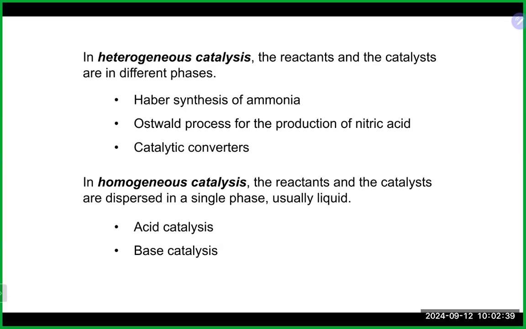They also could be homogeneous catalysts, and that's when the reactants and the catalysts are in the same phase. Usually a liquid, we could have an acid catalyst or a base catalyst. A lot of times for an acid catalyst, you'll see H+ written on the arrow, and that indicates an acid catalyst. By the way, technically speaking, in the reaction we're doing in the lab, the HCl is an acid catalyst. Even though we're treating it like a reactant, it actually is an acid catalyst in that particular reaction.